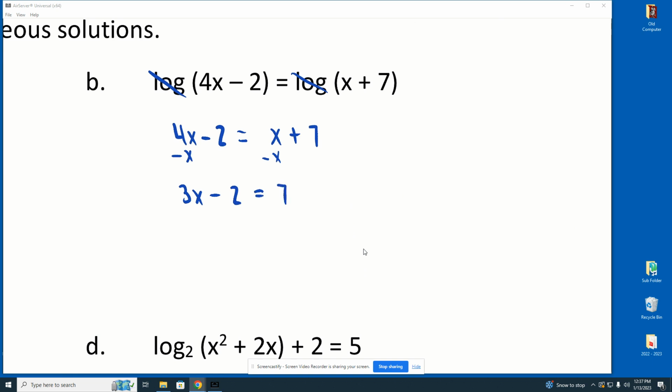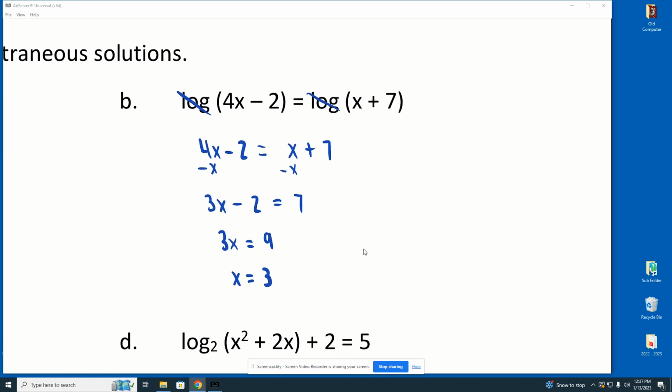And now we're just solving a pretty simple equation, right? I've done this a million times. To get x alone, first thing we move is the 2. We add it. What's 7 plus 2? And then last we divide by 3. So 9 divided by 3 equals 3.